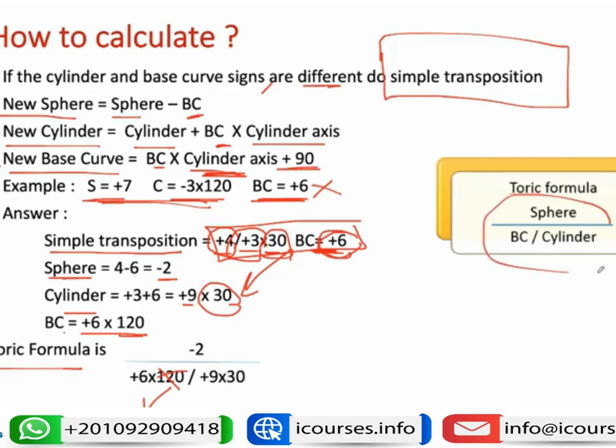So again, sphere divided by base curve over the cylinder. This is what is called the toric lens formula.